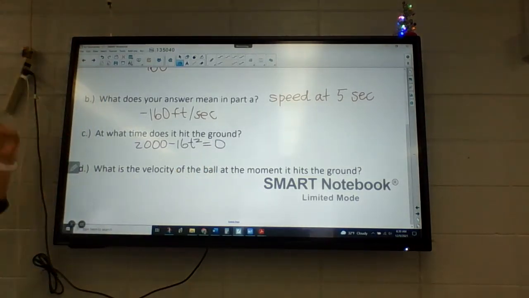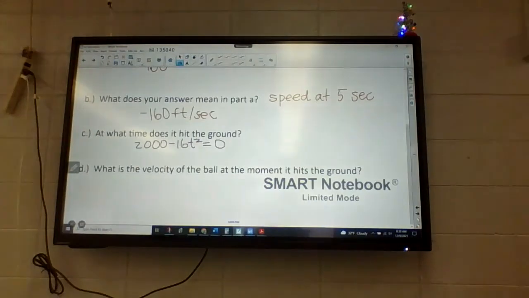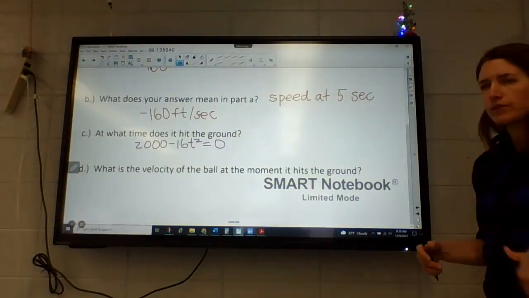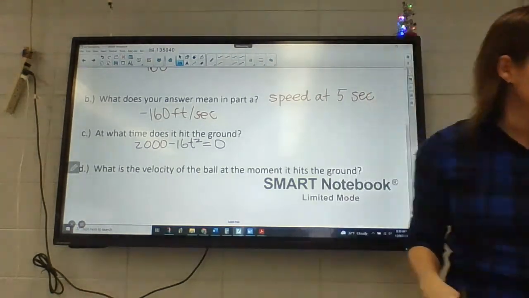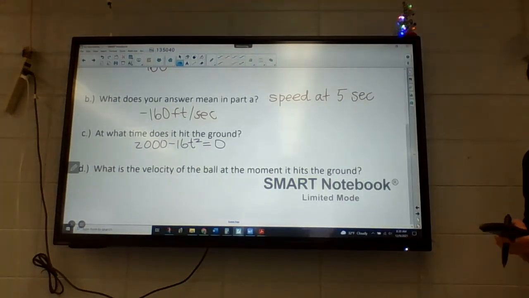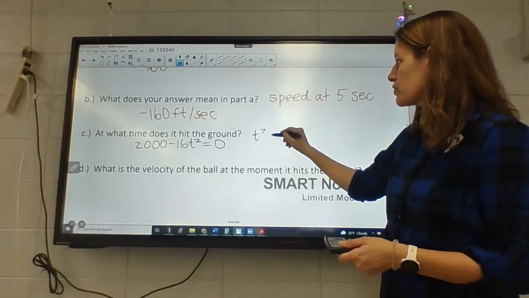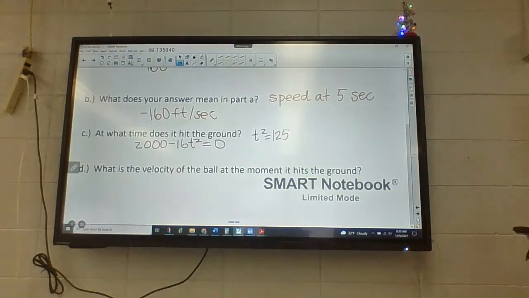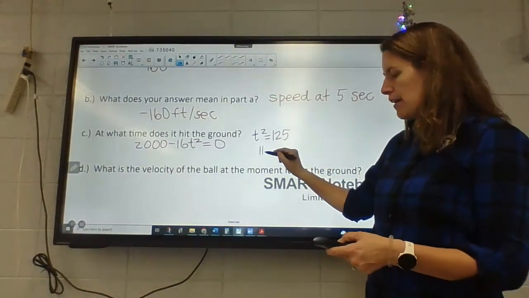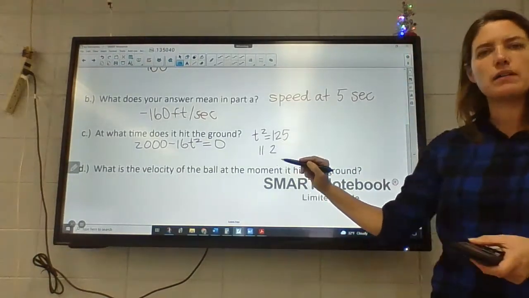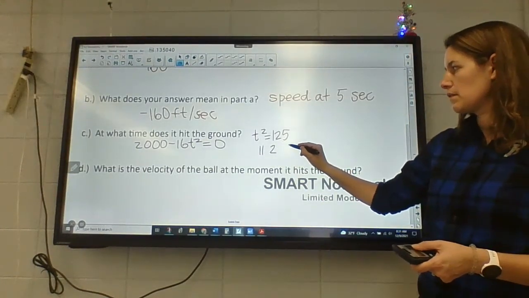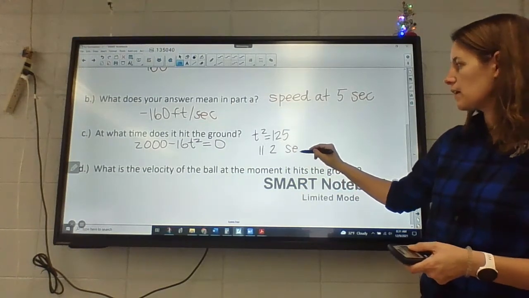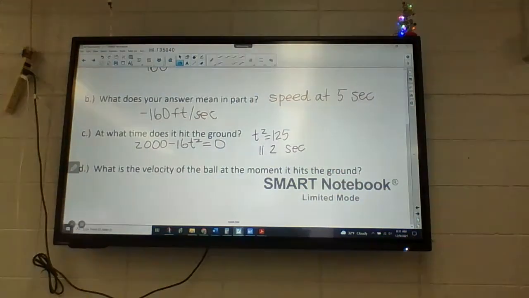When will the height be 0? Because it's h of t. We should be able to solve this, right? Move the 2,000 over, divide by negative 16. So I get t squared equals 125, I believe. So about 11.2, and that's seconds, right? It's going to hit the ground at about 11.2 seconds.